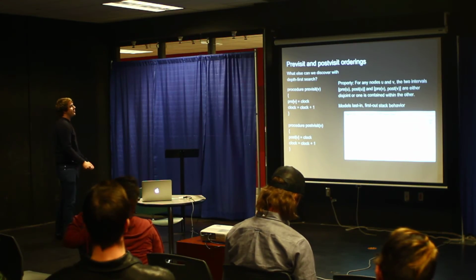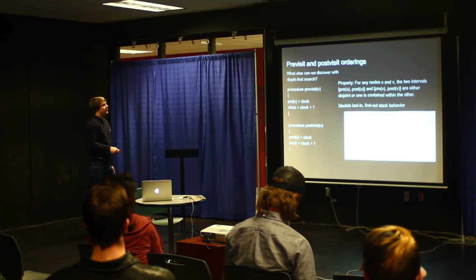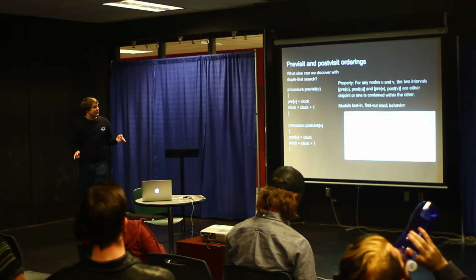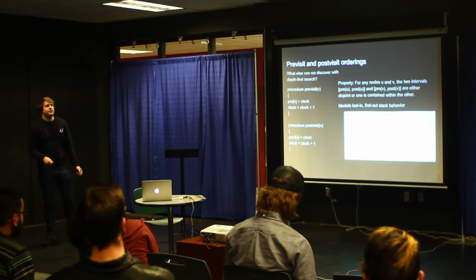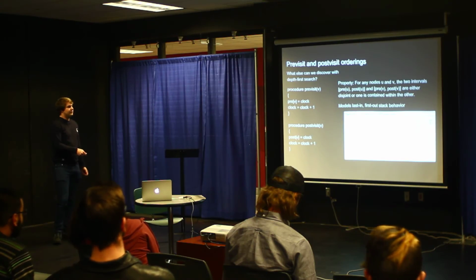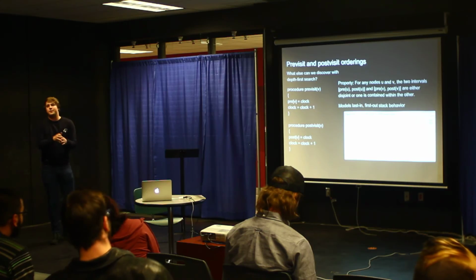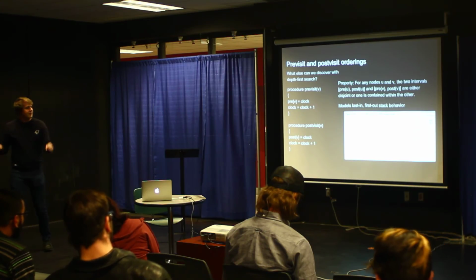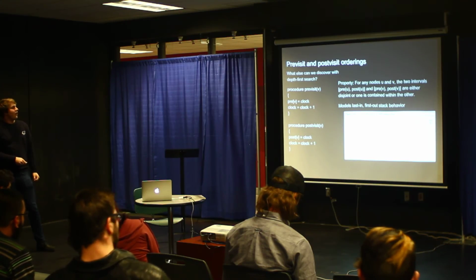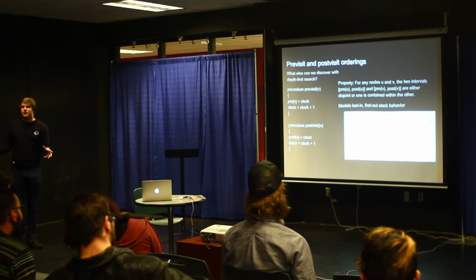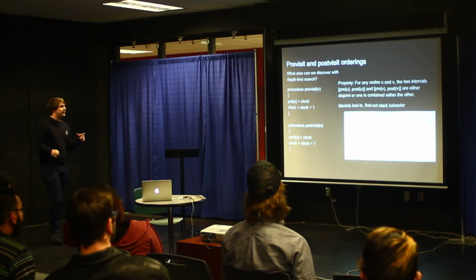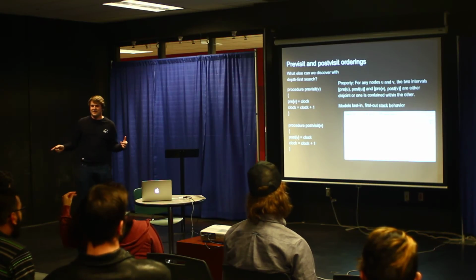But one interesting property is that for any two nodes, U and V, they're either going to be disjoint or contained within the other. Meaning, when you hit A the first time, you're not going to end up doing its post visit, so closing it, until you've already gone through all of the rest that are below it. So B is going to exist entirely underneath it with numbers between A's pre-visit and post-visit.